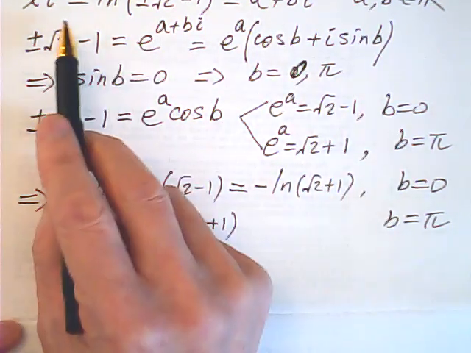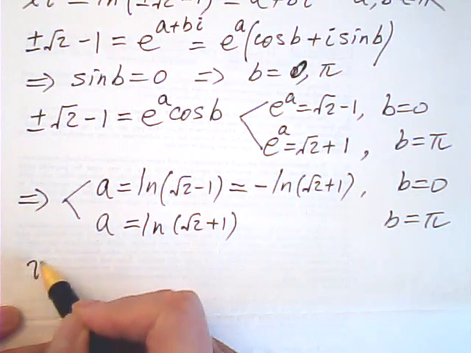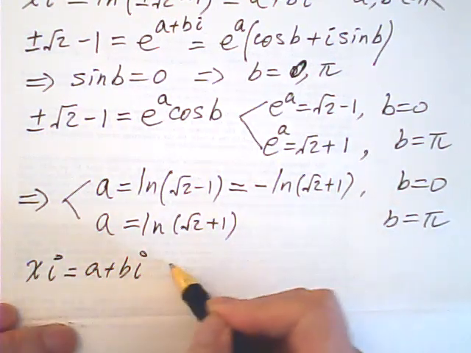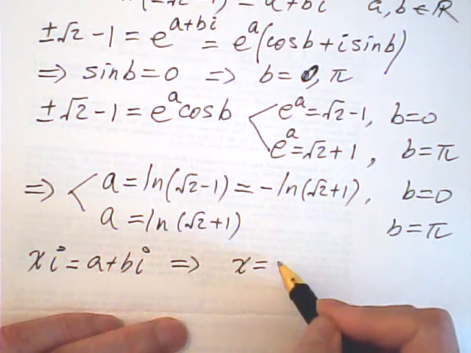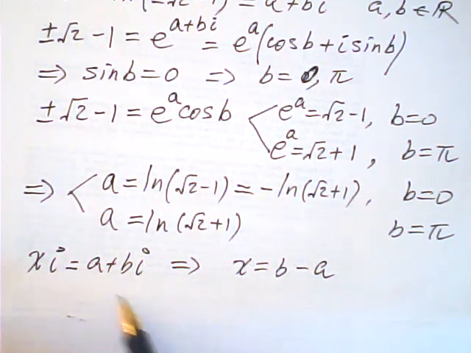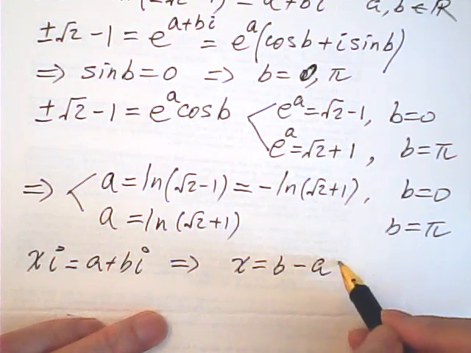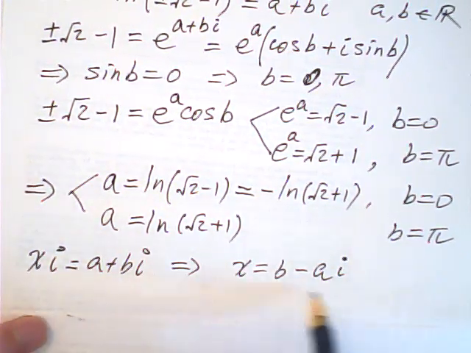And xi is equal to a plus bi. So this means that x is equal to b minus ai.